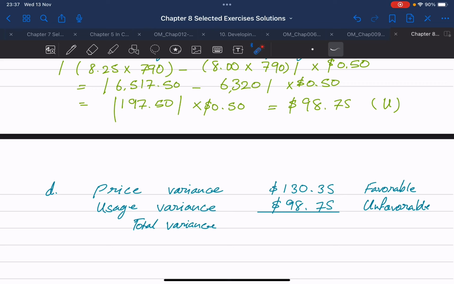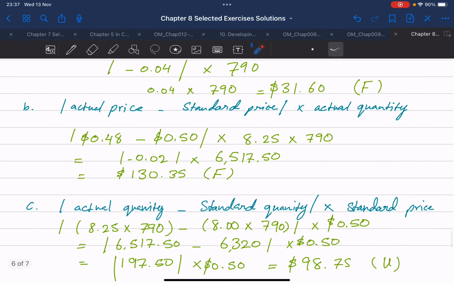So because of that, I'm subtracting $98.75, which was caused by needing to use more roses, from the price variance, which was caused because the business had to charge less price than the standard price.